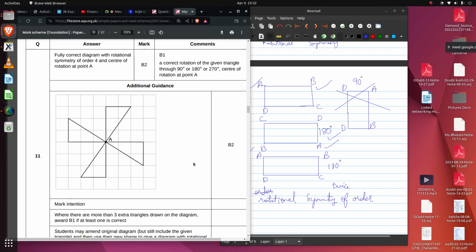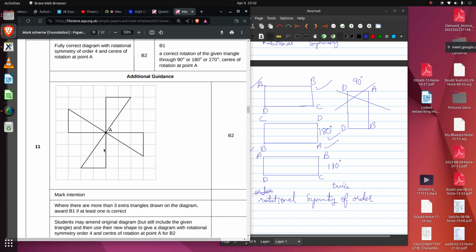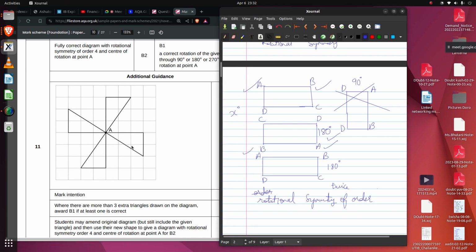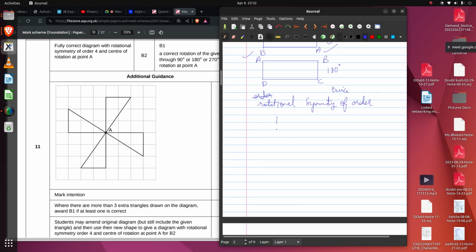Now think of a fan like this. This is a fan and these are the blades of the fan. So this blade of the fan, you call it number 1. This blade you call it number 2, and so on and so forth. You get the point of what we are trying to do.